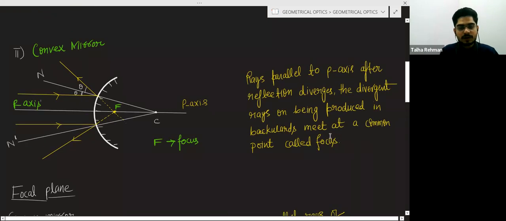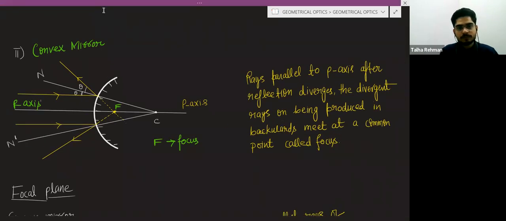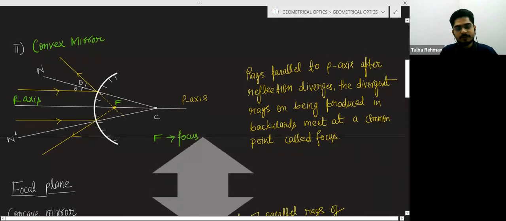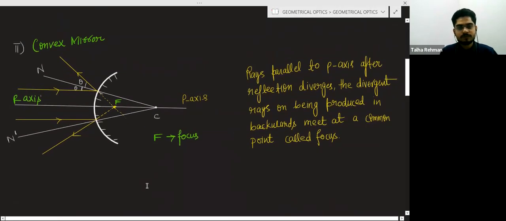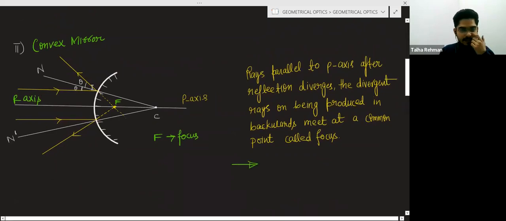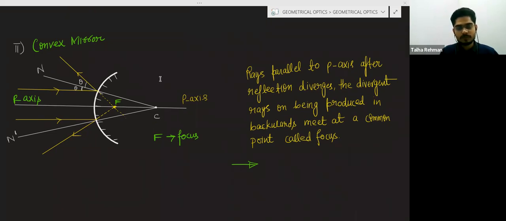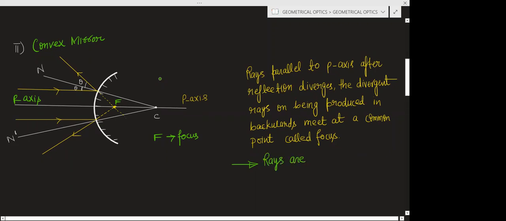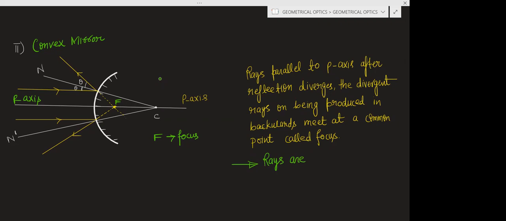Okay. Now, can you tell me, does this convex mirror have a virtual or a real focus? Hamza, can you tell me whether these rays are actually meeting or just appearing to meet at this point? These rays appear to meet. They are not meeting actually.